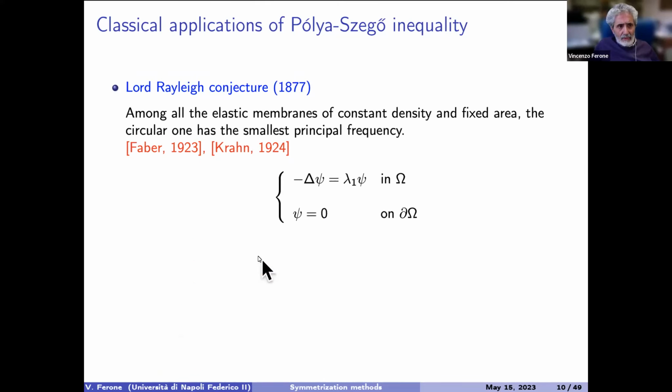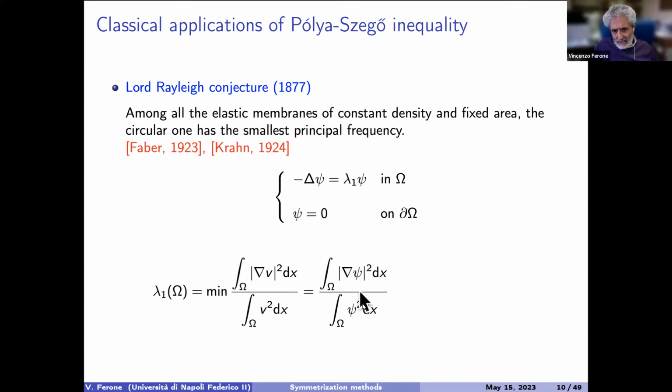So, for example, for the smallest frequency, one applies the Pólya-Szegő inequality by simply observing the following. Let psi be an eigenfunction with eigenvalue lambda 1, the first eigenvalue. Then lambda 1 is characterized by the minimum of the Rayleigh quotient.